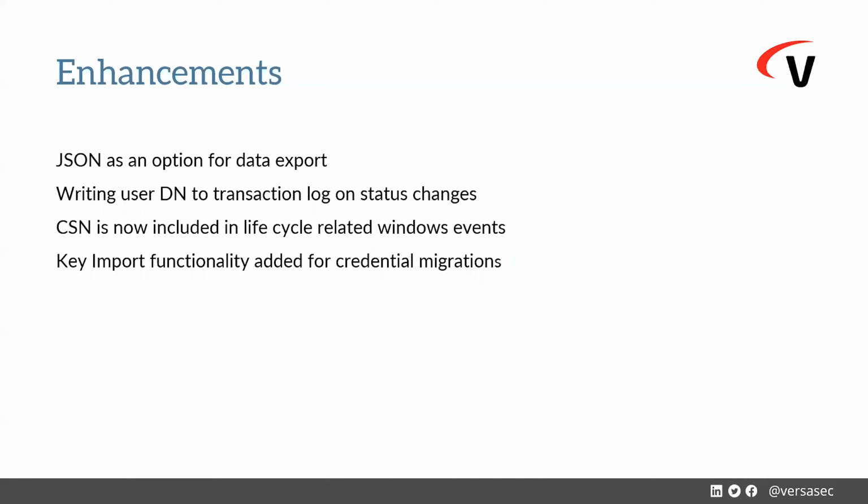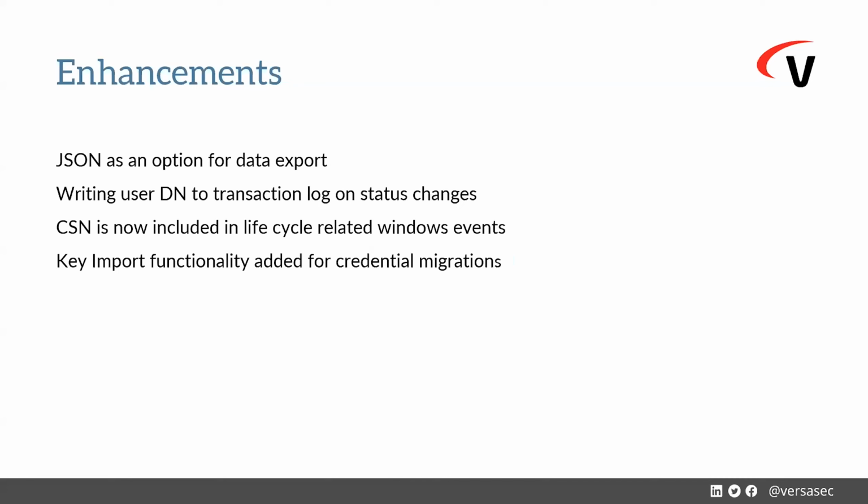Writing a user DN entry to the transaction log on status changes: we've added a new field here to the smart card transaction log containing additional information about the managed credential at the time the logged transaction took place. Again, it's important here for improving the reporting capabilities based on the transaction log entries, to have that DN information there when importing transaction information.